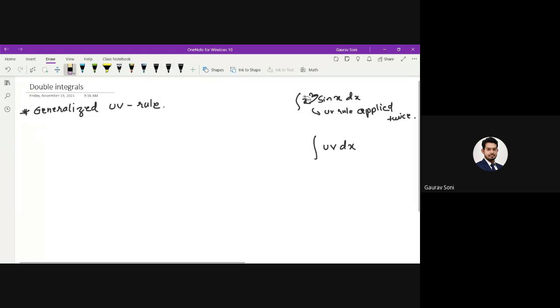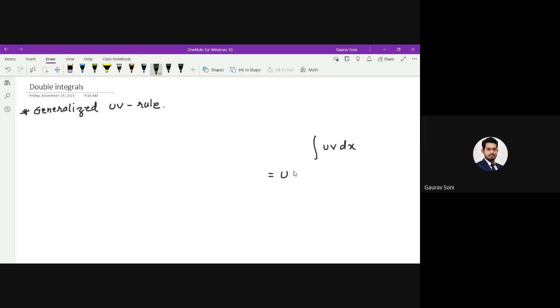To shorten my efforts, we are going to generalize this rule. How do I generalize this? Just apply the UV rule here.